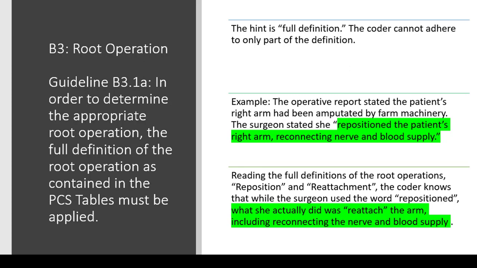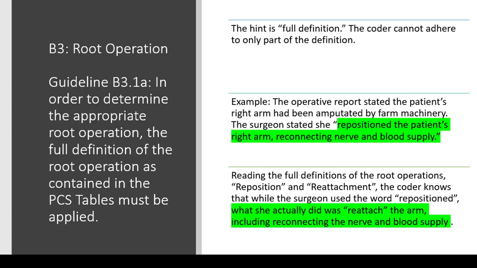The operative report stated the patient's right arm had been amputated by foreign machinery. The surgeon stated she, quote, repositioned the patient's right arm, reconnecting nerve and blood supply, end of quote. Remember that the physician does not have to say exactly what the PCS codebook says.